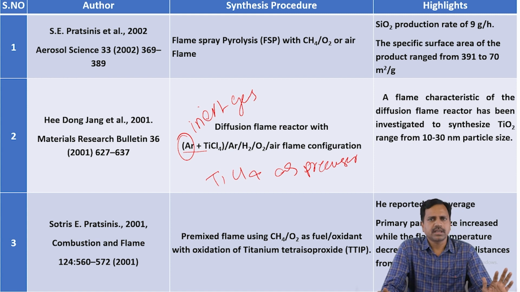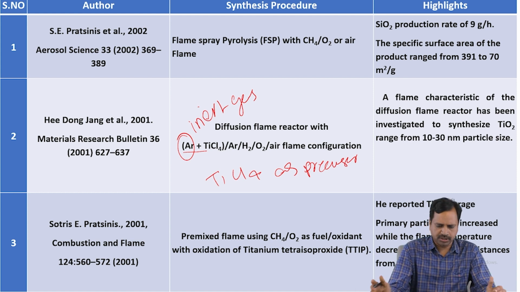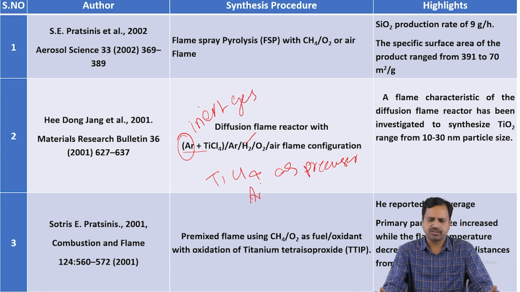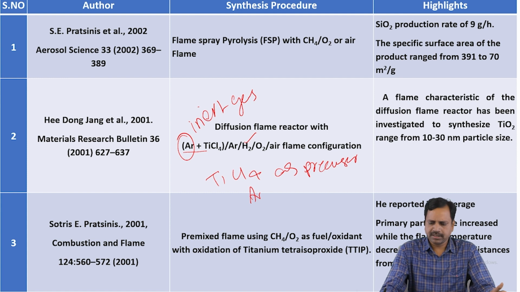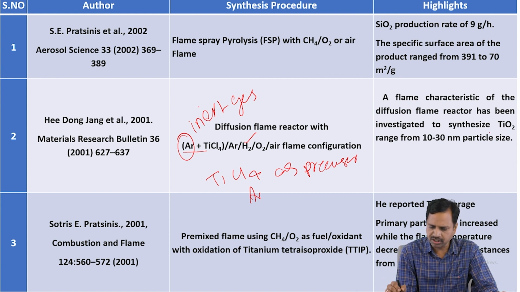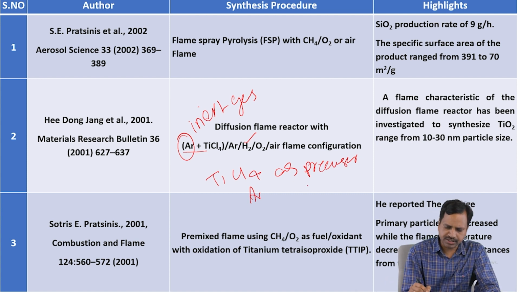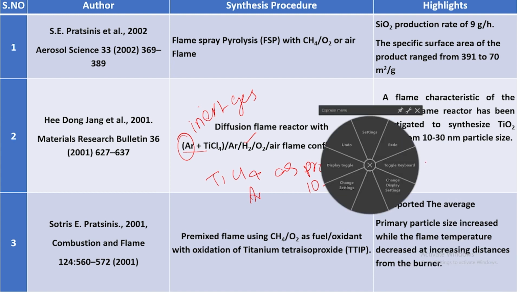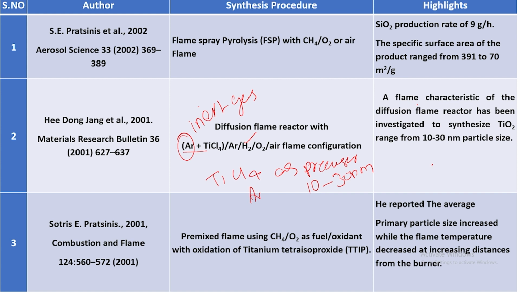He used air as the oxidant, hydrogen as the fuel, argon as the inert gas. The flame characteristics of the diffusion flame reactor were investigated to synthesize TiO2. So we got nanoparticles in the range of 10 to 30 nanometers.